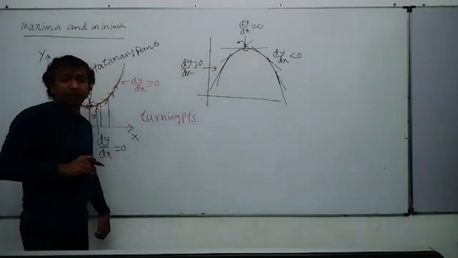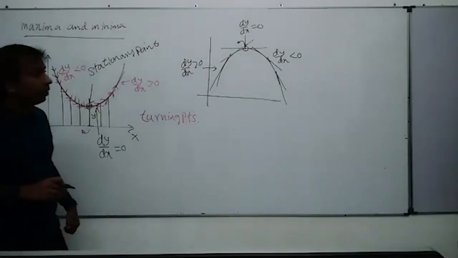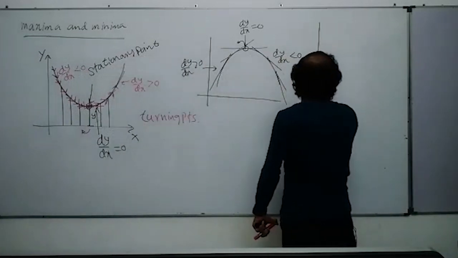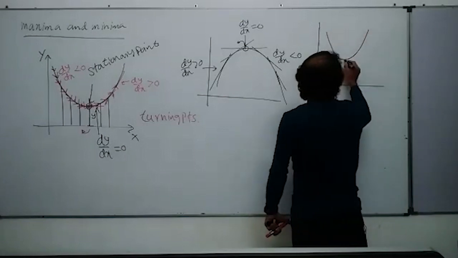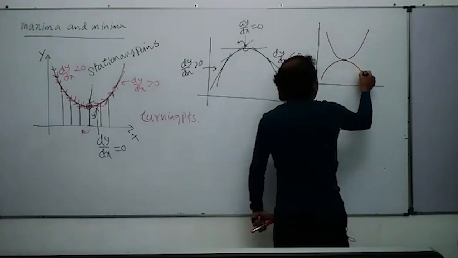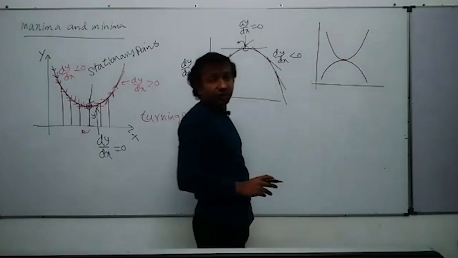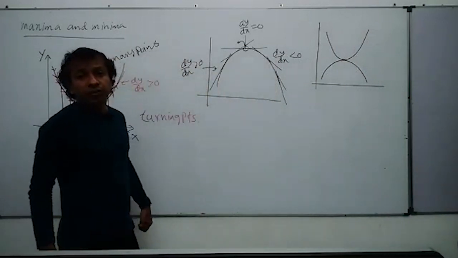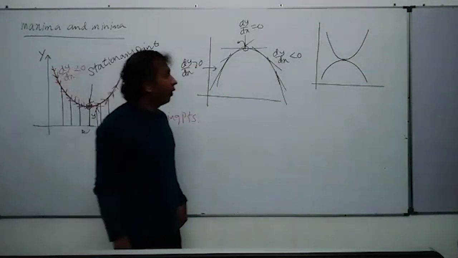People, another kind of point we can see. Suppose we have a minimum point at the vertex of a minimum graph, and suppose a maximum point occurs on a maximum graph like this. Now the vertices of the minimum graph and maximum graph are coincident.